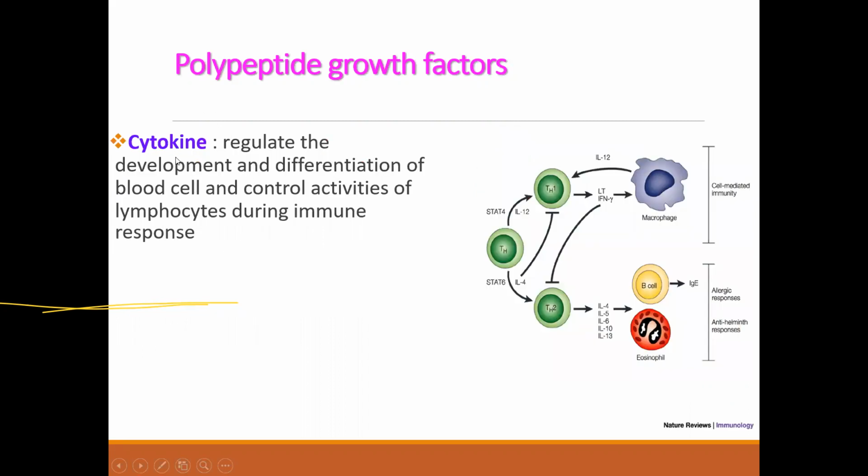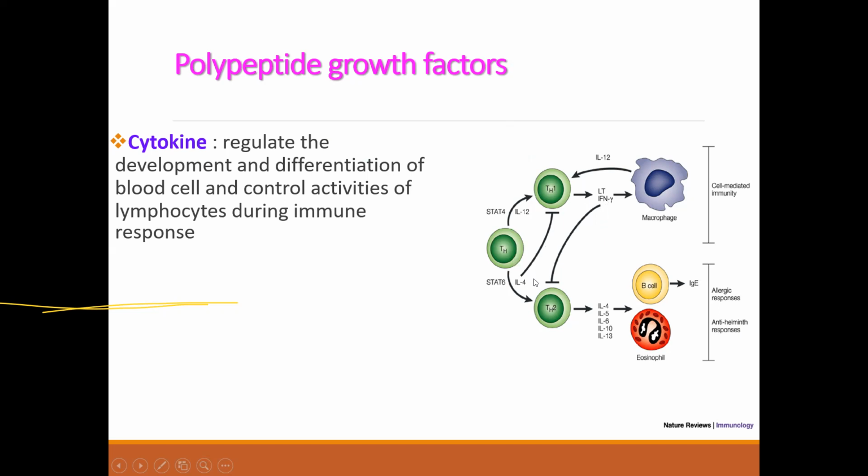Cytokines are products from many cells, including immune cells. Cytokines can regulate the development and differentiation of blood cells and also control the activity of immune cells like lymphocytes during the immune response. In this picture you can see many types of cytokines, like interleukin 12, interleukin 4, 5, 6, tumor necrosis factor, and gamma interferon.